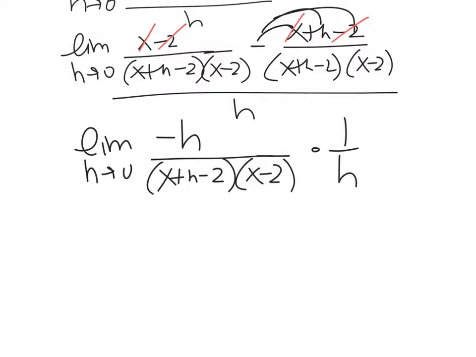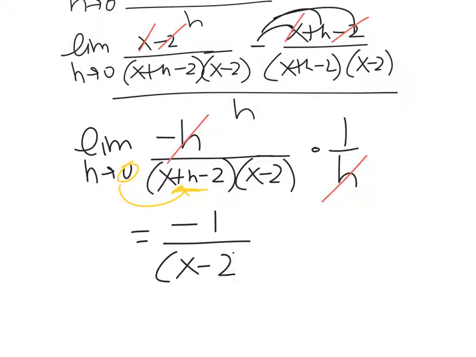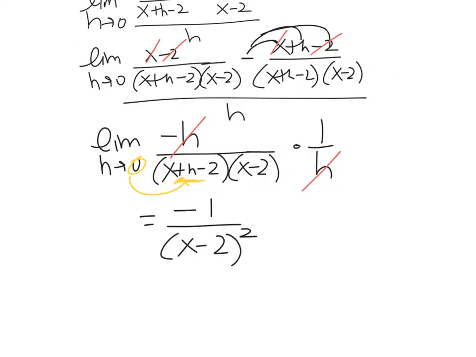So then h and h will reduce. Don't forget to take the limit as h goes to 0. You end up getting -1 over x minus 2 squared. Okay, so that's just the first part.